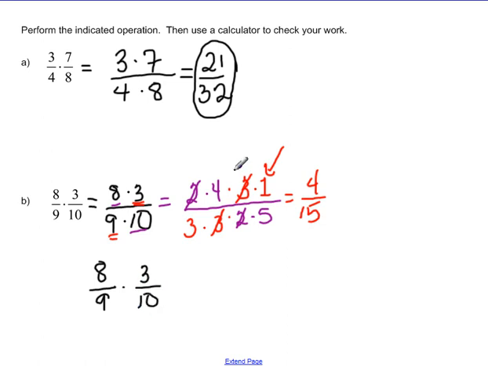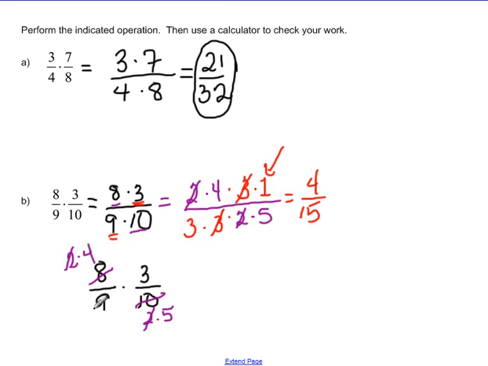You might have just done this step as part of this. You might have said, oh yes, so 8 and 10 have a common factor of 2, 2 times 4, 2 times 5, and I know a lot of people don't even show the 2's in there. They would just cross those out and write a 4 and 5. But I think it's helpful to put the 2's in there to make sure we don't make any mistakes.